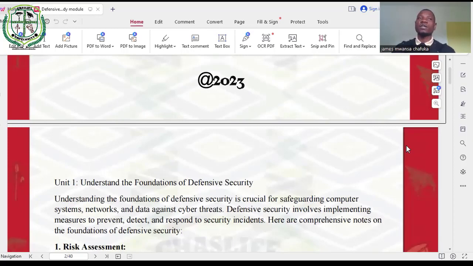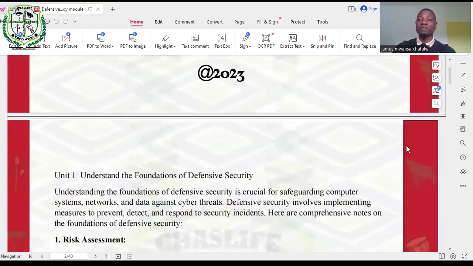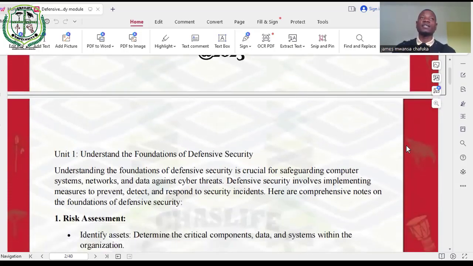Unit 1 focuses on understanding the foundation of defensive security. Here we are putting into our minds that defensive security, like I said, is one of the fundamental courses in information and communication technology and in computer science.